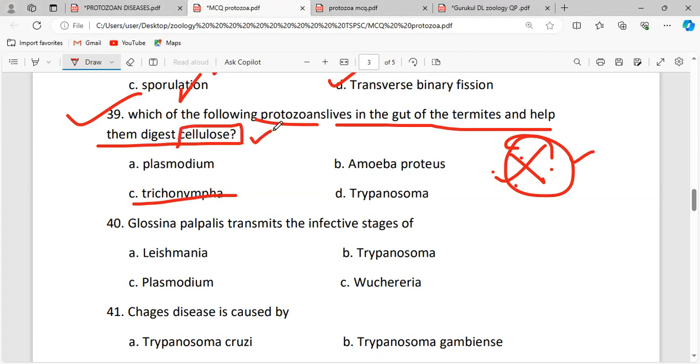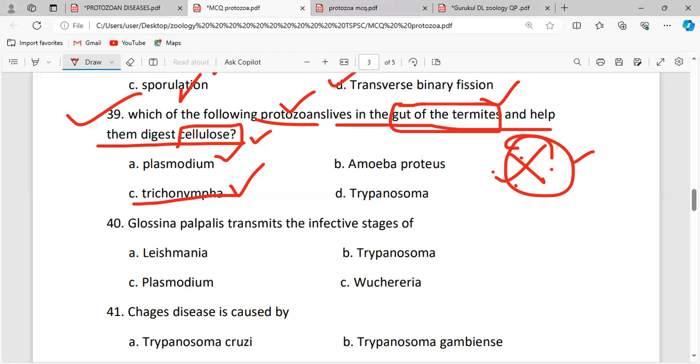When I taught protozoan nutrition, protozoa have the capacity to digest carbohydrates, proteins, and fats. You also know protozoa have the capacity to digest cellulose. So which protozoan lives in the gut of the termites and helps them digest cellulose?